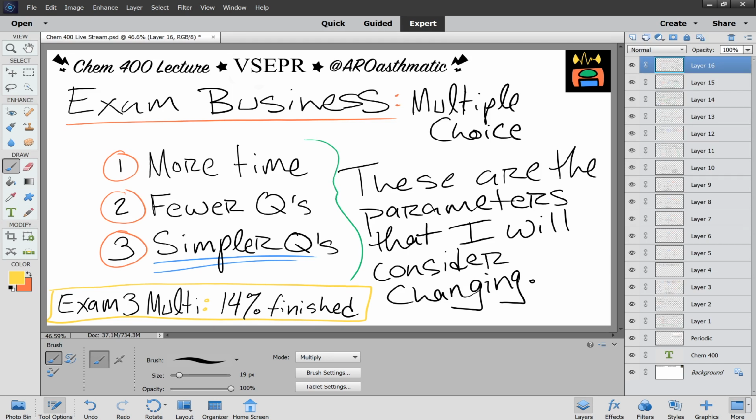Have I considered a different format for the multiple choice? Okay, Jesse, great question. By different formats, okay, gotcha, other than Canvas. I have not.